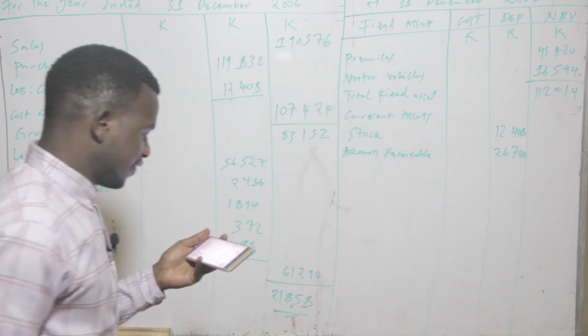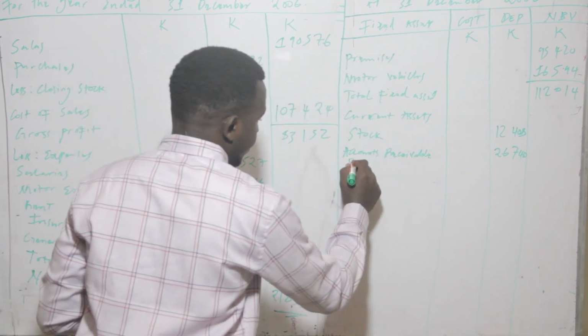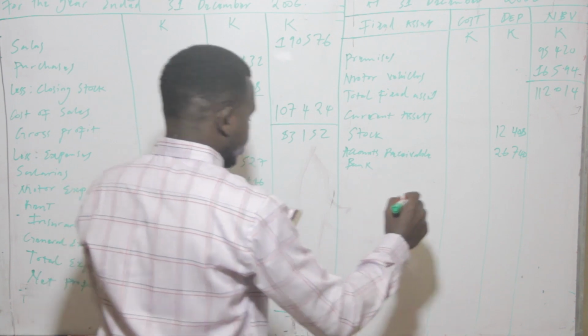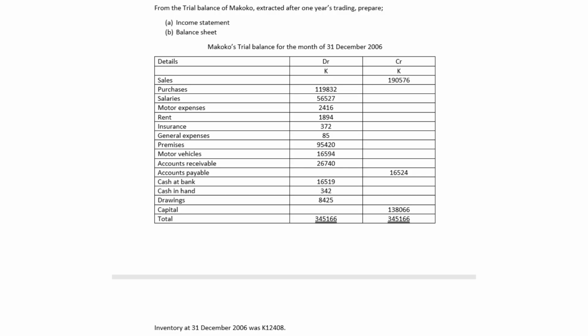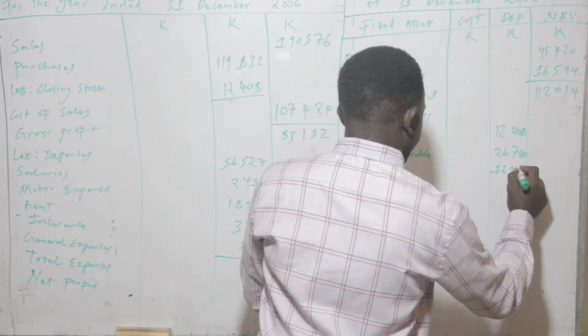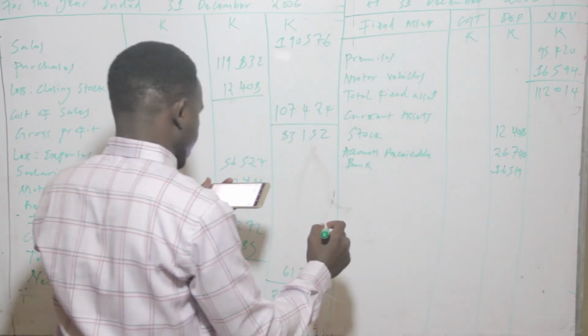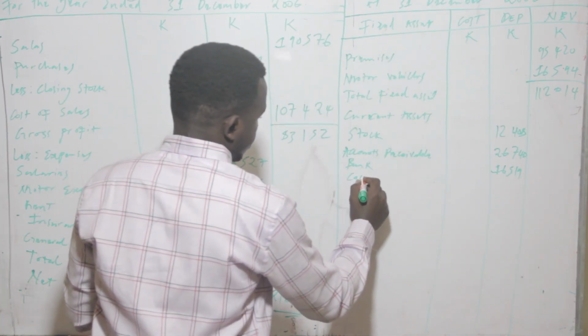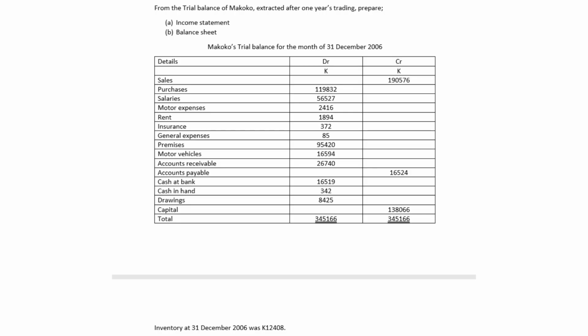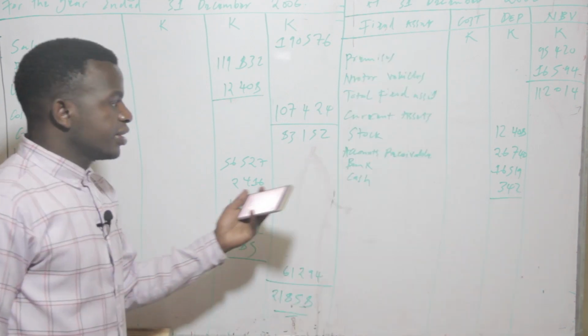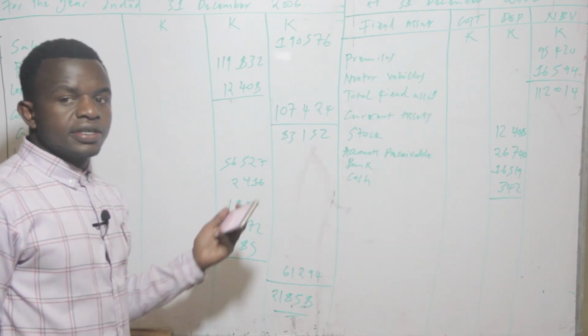Then we are also having bank, amounting to 16,519. Then we are having cash, amounting to 342. So these are the current assets that we have in the trial balance.